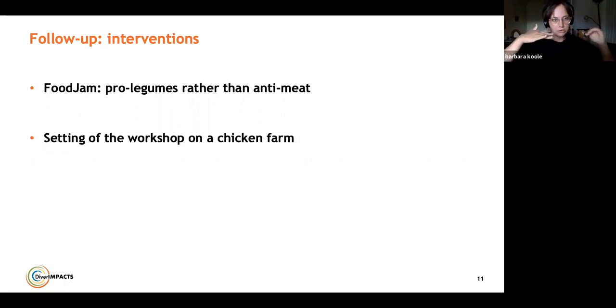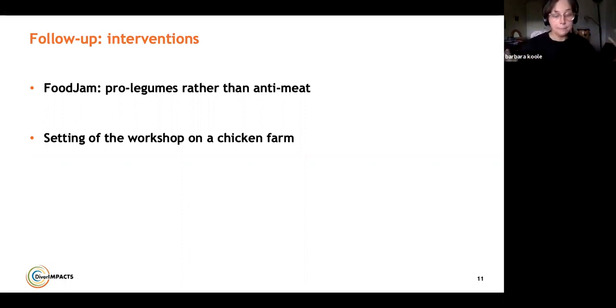However, the food jam was also shifting the discussion from what some perceived as being anti-meat to being pro-legumes, and more showing, hey, this is all that can be done with legumes. This is actually tasty. Look at how nice this hummus from your local peas tastes, rather than chickpeas that are imported from far away, for example.